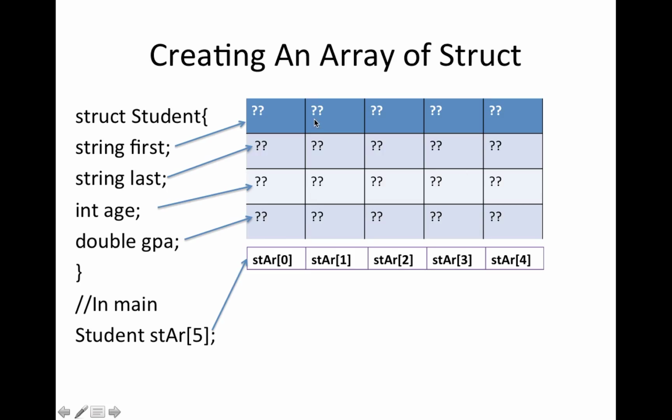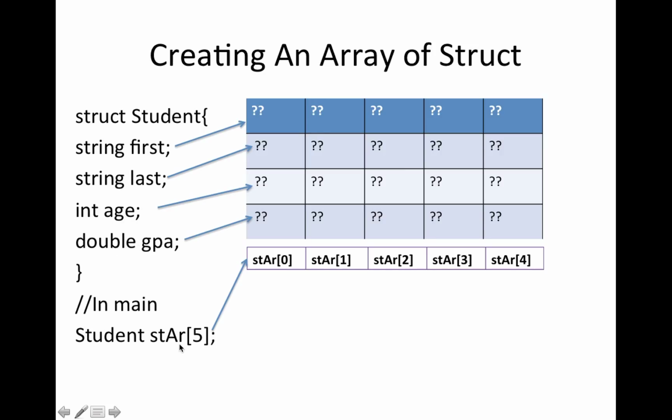Okay, so creating an array of structs is simple. Here I have a struct student, which has 4 attributes, fields or members: string first name, string last name, int age, and double GPA.